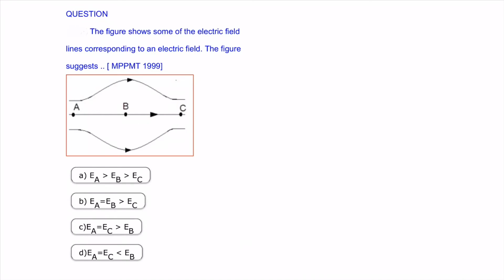See here, you are supposed to compare the electric field at A, B and C. And they have given the electric field lines, right? And you can see that at A and C, the spacing between the electric field lines is the same. That means electric field at A and electric field at C is equal, because these electric field lines represent the magnitude of electric field.